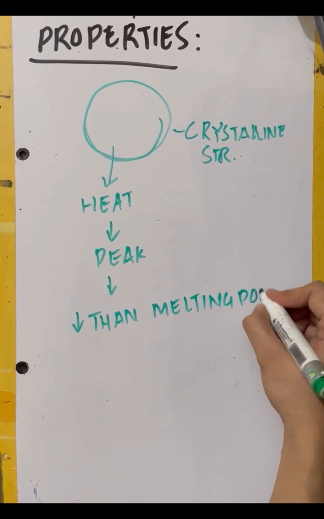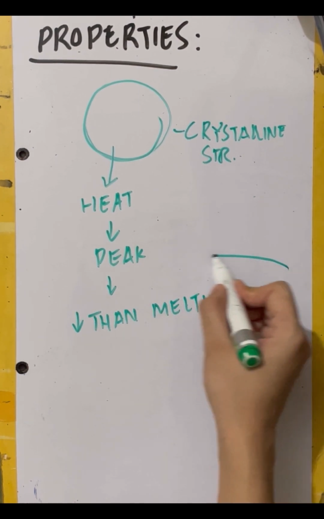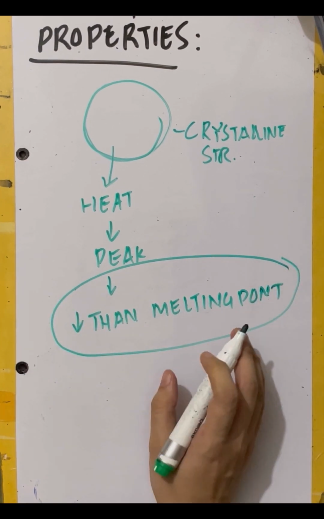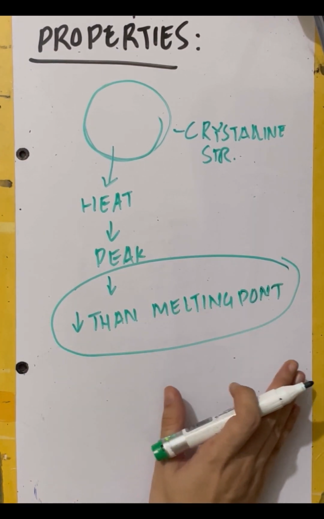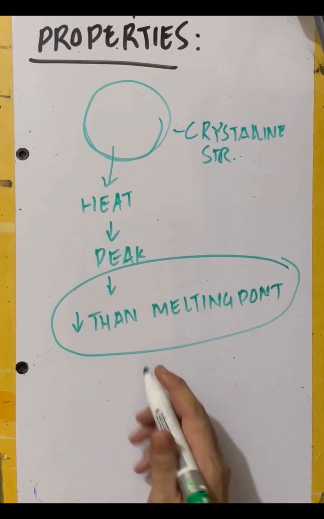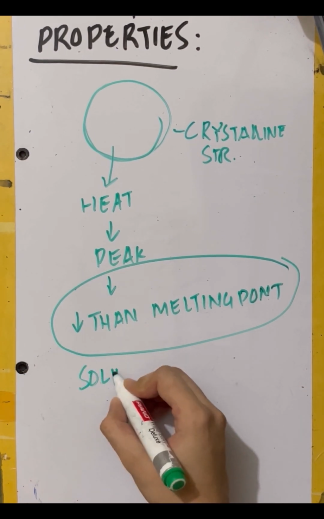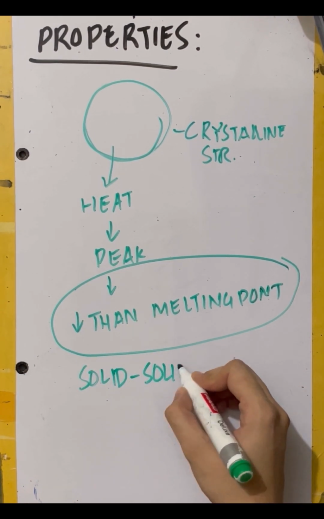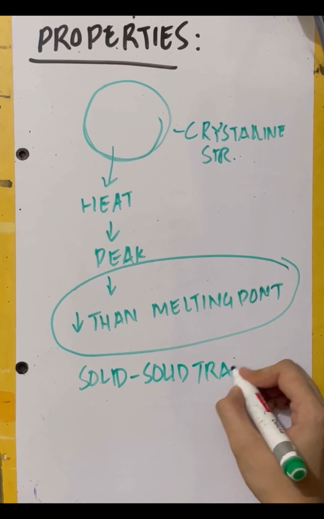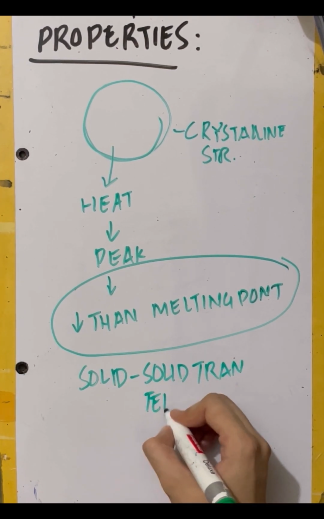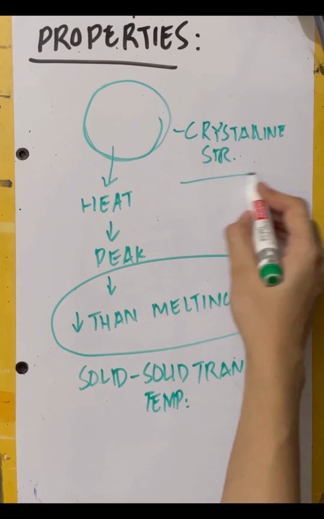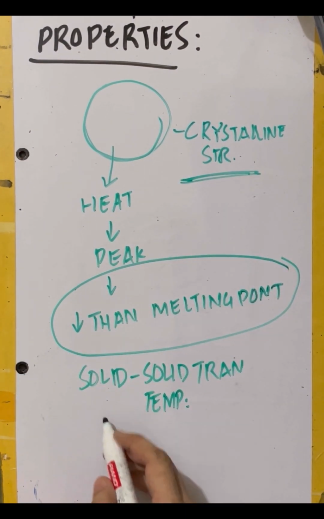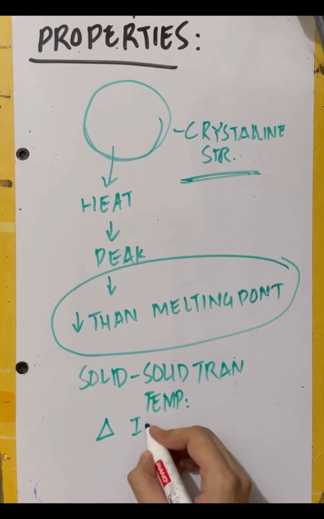The peak being less than the melting point means the melting point has not occurred yet. This indicates the solid-solid transition temperature. Now, what is the solid-solid transition temperature? It is the temperature at which the change in crystalline structure occurs.